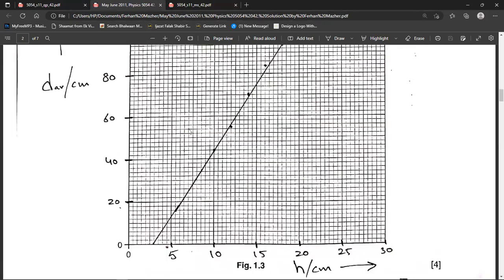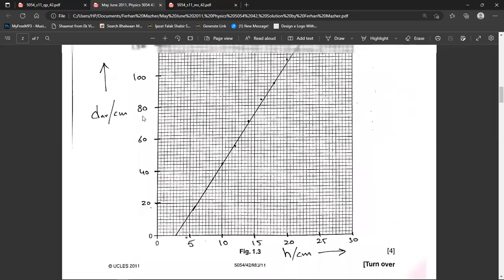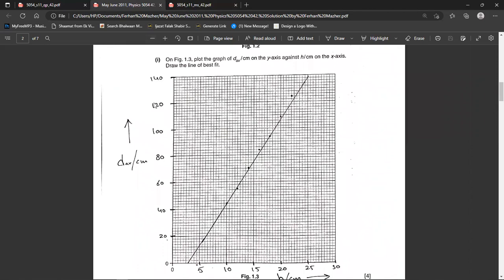Okay, so these are the points. What I will do is draw the line of best fit. This is the pattern in which I draw the line. I make sure that if one point is above the line, one point should be below the line.